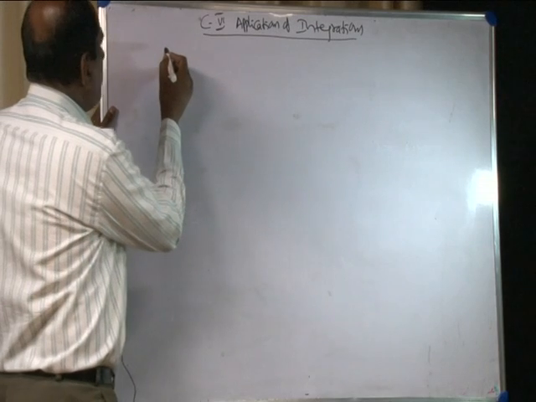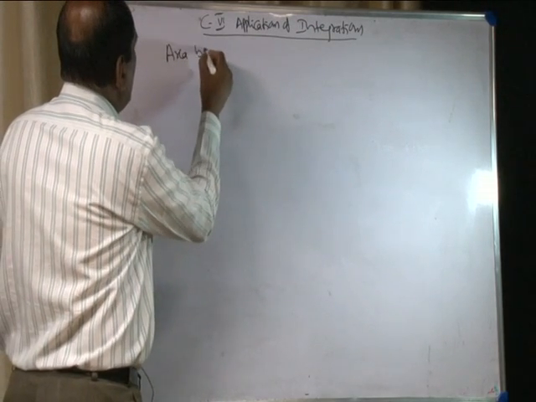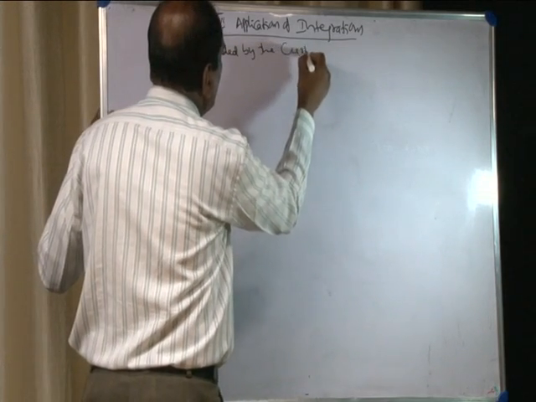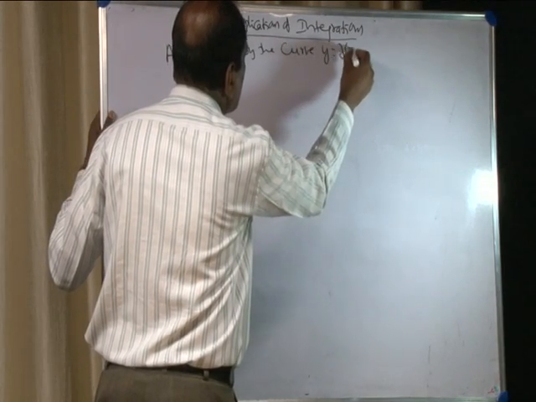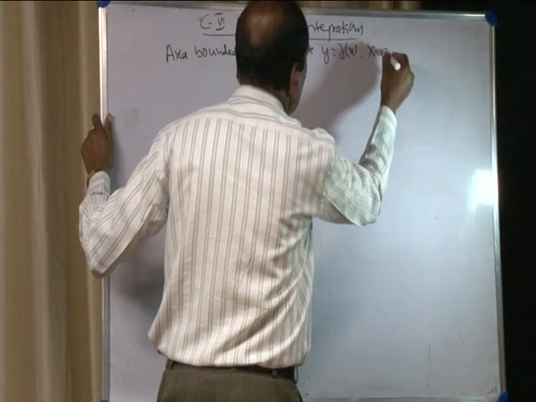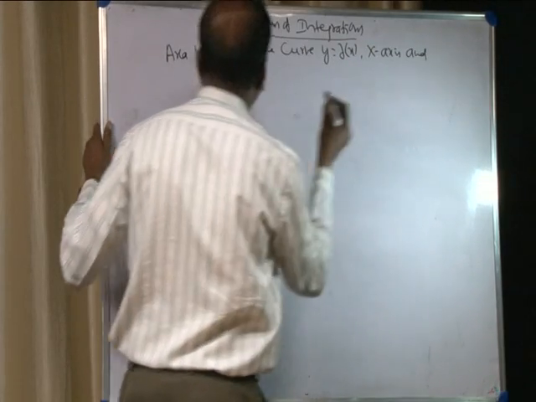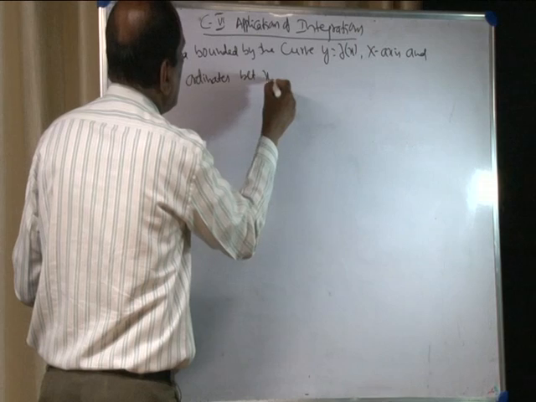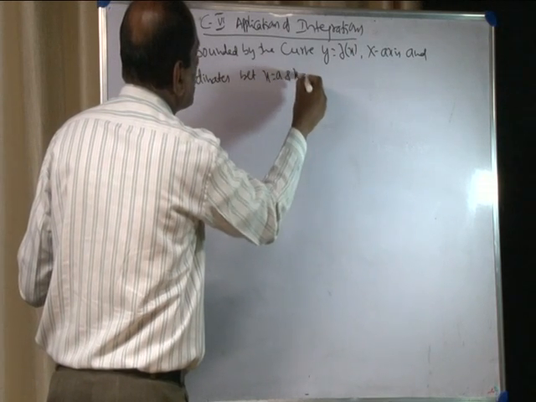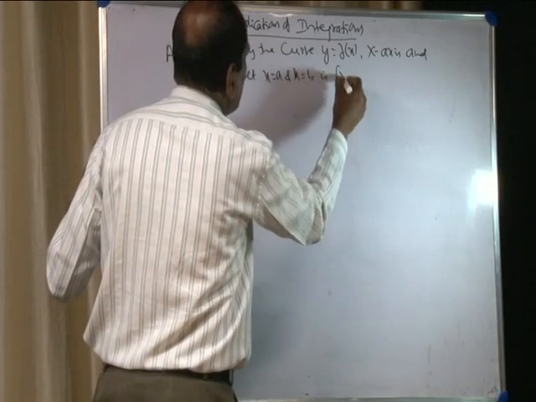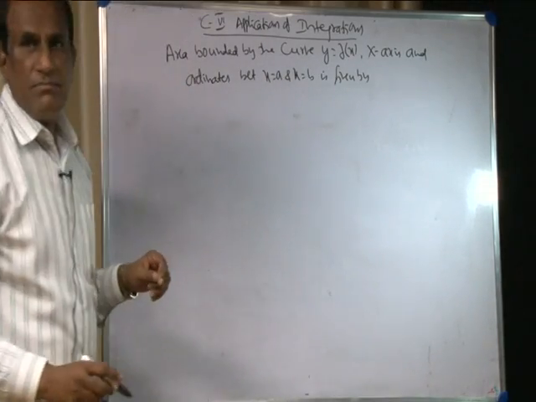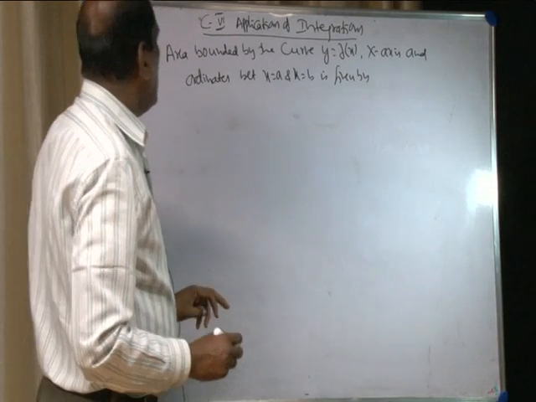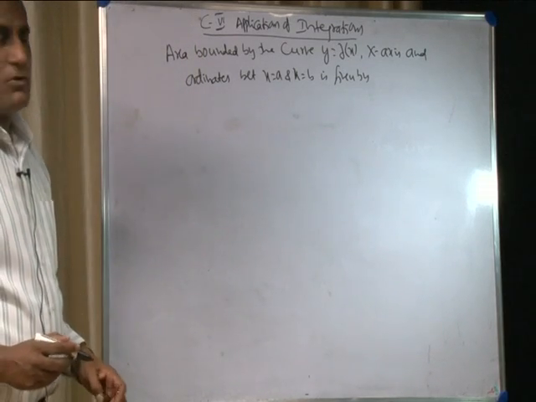See here, area bounded by the curve y is equal to f of x, x axis and ordinates between x equal to a and x equal to b, is given by. So, what is the formula to find the area bounded by the curve y is equal to f of x, x axis and ordinates between x equal to a and x equal to b?